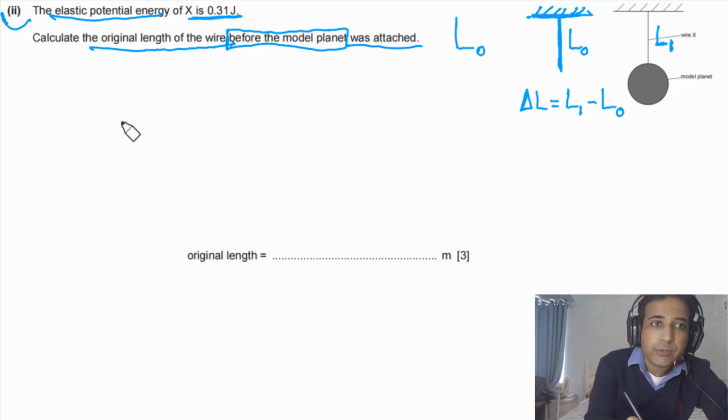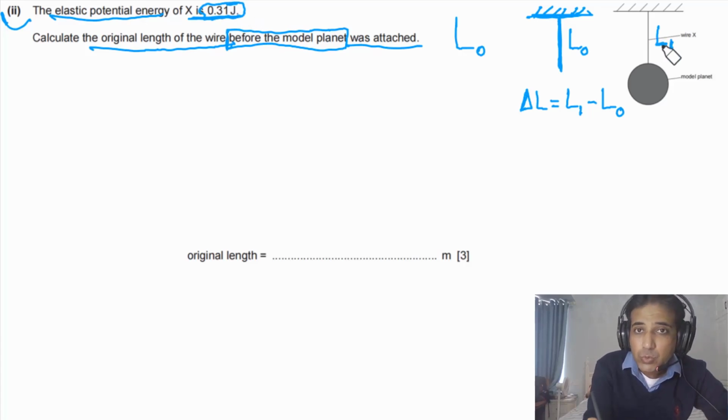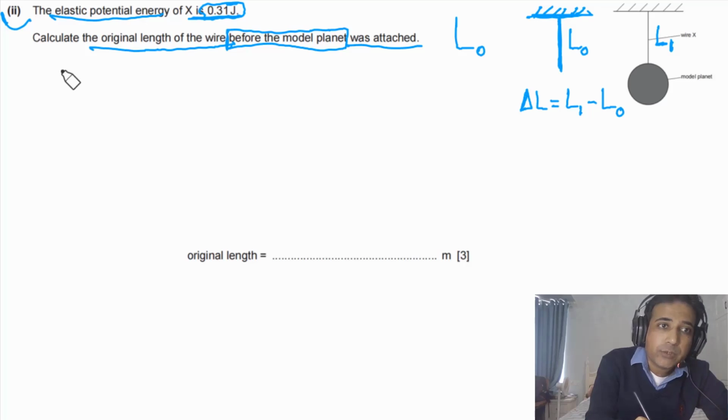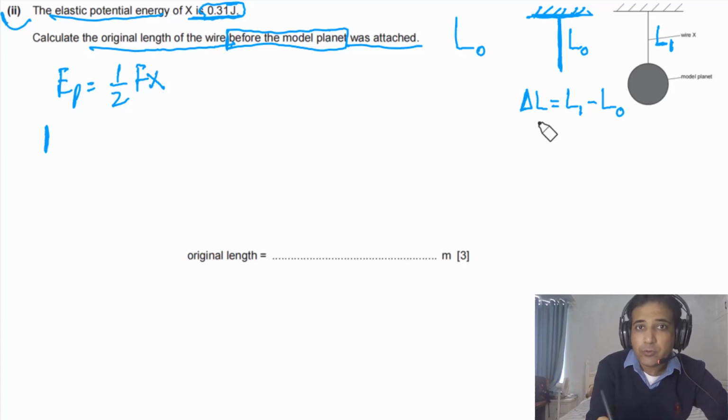So how can we answer this question? First of all, you can see the elastic potential energy stored in this wire is given to us. So we can say elastic potential energy is equal to 1 by 2 F times X. We need to find the value of X. If we have the value of delta L, we can find the value of L naught.